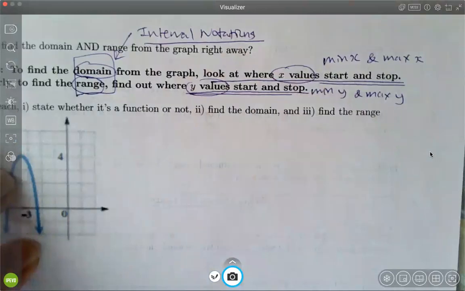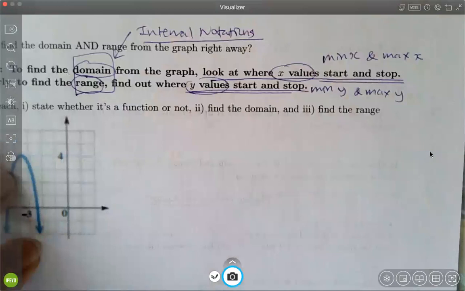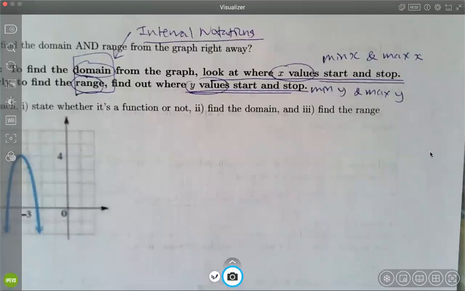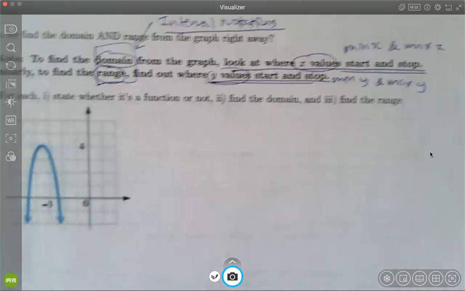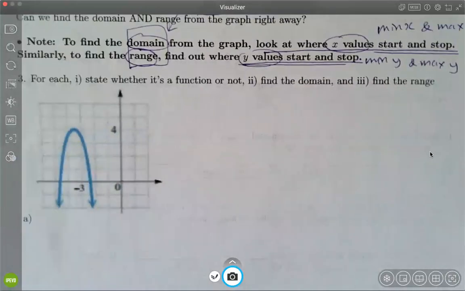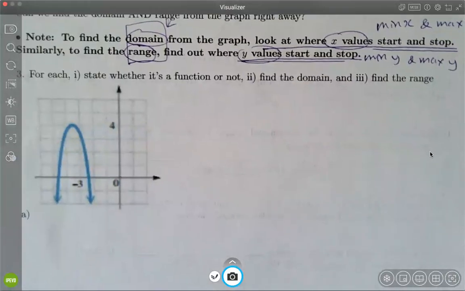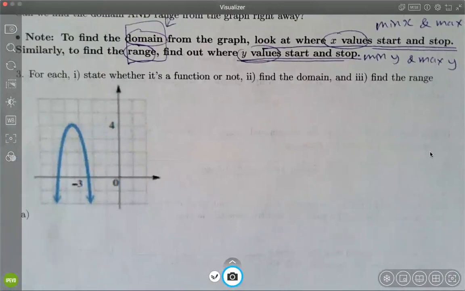So for the domain and the range from the graphs, we will use the interval notations, and we look at the minimum and maximum x and y values. Okay, so now let's look at the following problems. For each, state whether it's a function or not, and then find the domain and the range.